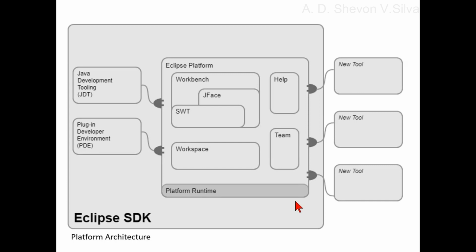A plugin can be installed and added to the registry, but the plugin will not be activated unless a function provided by the plugin has been requested according to the user's activity. The platform runtime is implemented using the OSGi services model.